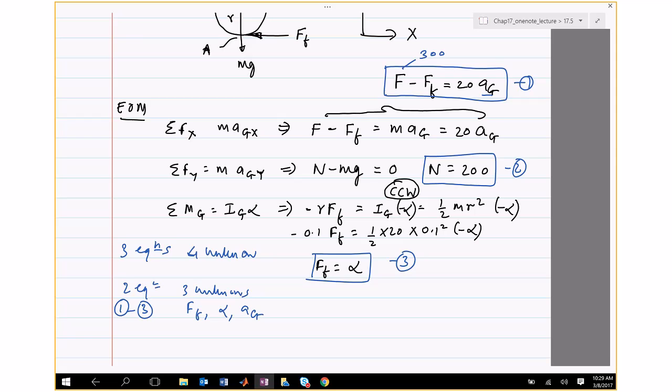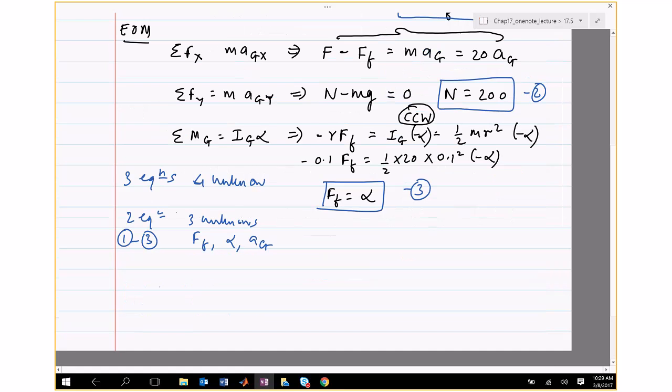But right now, depending on how you think, if you like to think three equations, then there are four unknowns. If you like to eliminate equation 2, then there are two equations, 1 and 3, and still three unknowns. Which means that you have more unknowns than equations, no matter how you do the counting. So we need another equation. That fourth equation comes from the no slip condition.